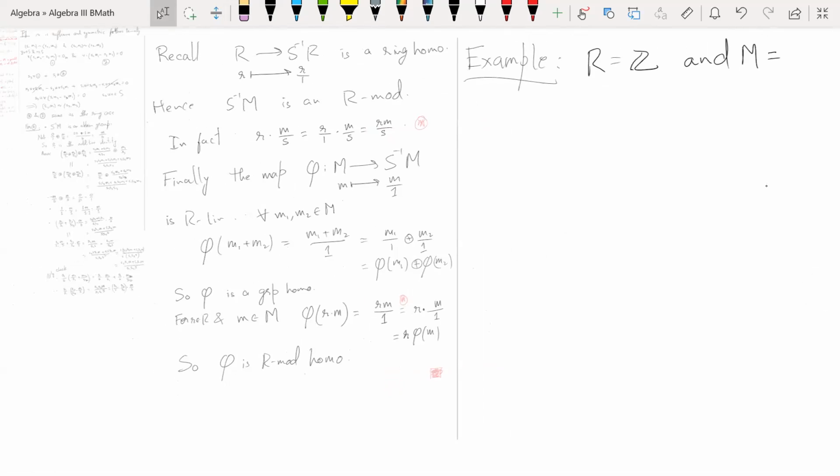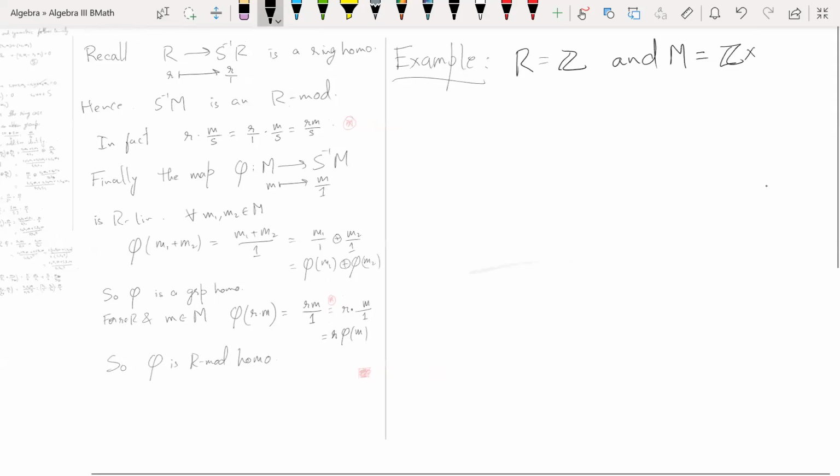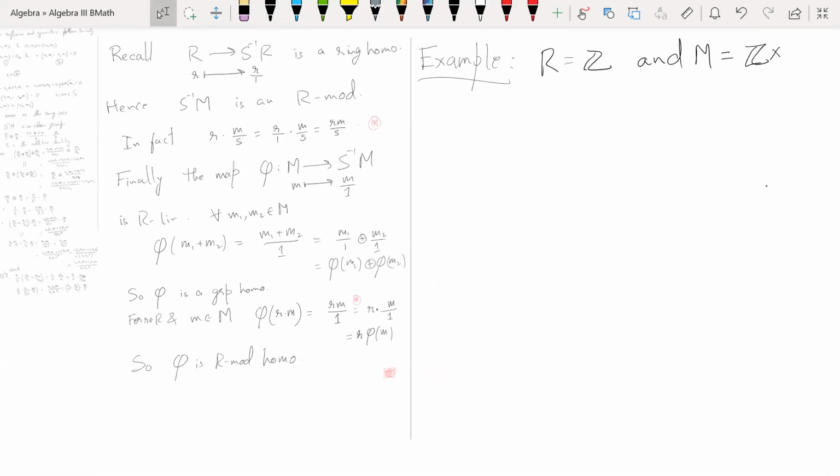If I take M to be R itself, then of course S inverse M is the same as S inverse R, because the definition was just to replace R by M. And then you are saying that S inverse R is an S inverse R module. So maybe that should have been example 1.